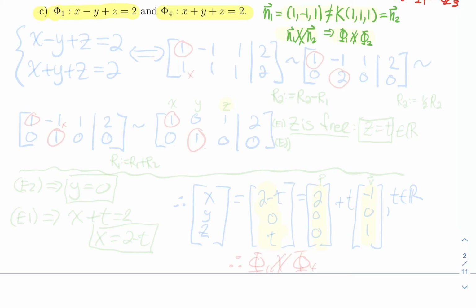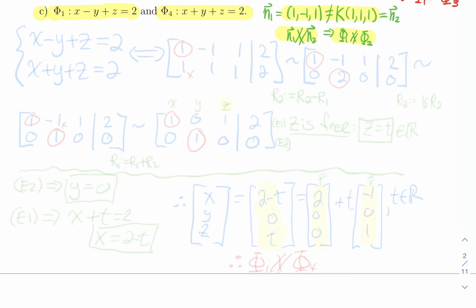Because the vectors are not parallel, the objects, the planes, are not parallel. And we know that when they're not parallel, there's a line at the intersection.